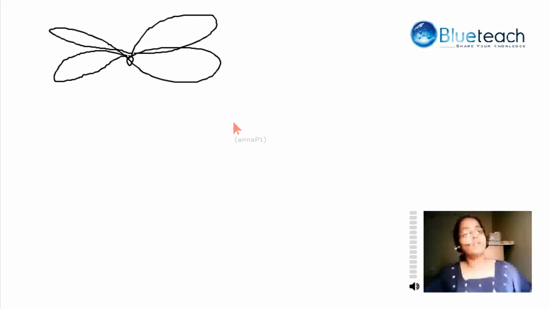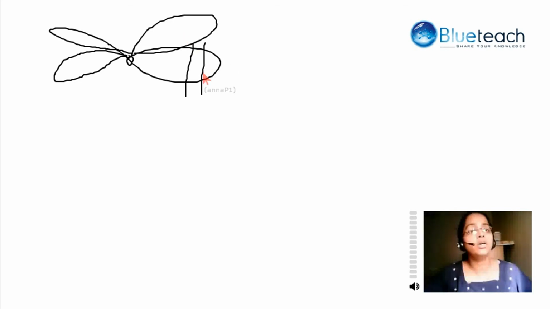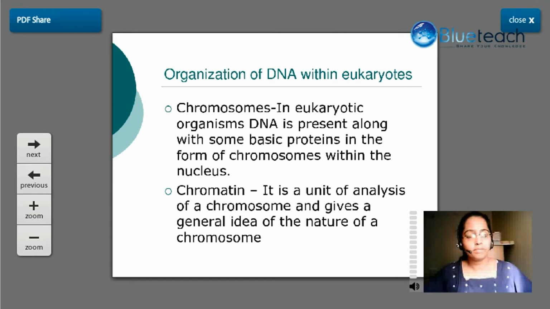So the chromatin is nothing but a small unit of analysis within the chromosome, and the chromosome is entirely the DNA along with the histone proteins compactly arranged within the nucleus. So moving to the next slide.